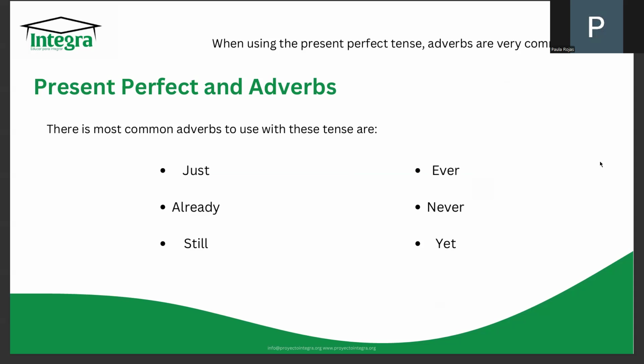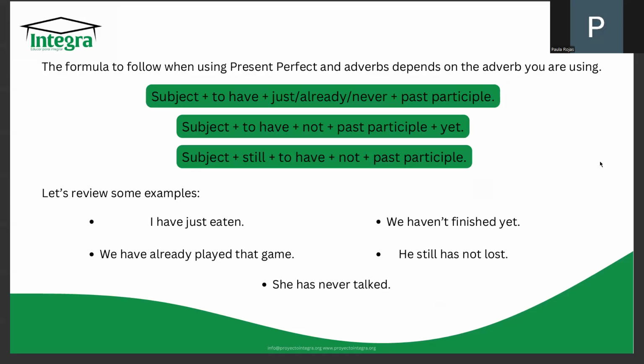But these are the ones that are usually used with this tense. We have just, already, still, ever, never, and yet. We use adverbs to emphasize something in the sentences and to specify a little bit more. So the formula depends on the adverb that you're using, but they are all pretty similar.